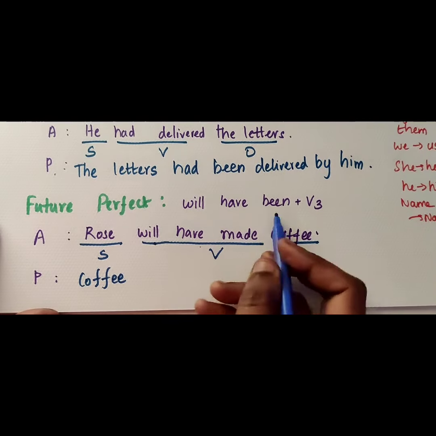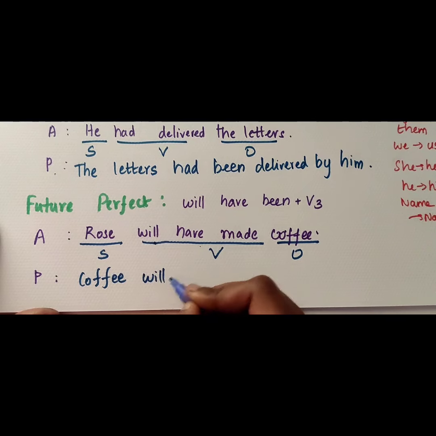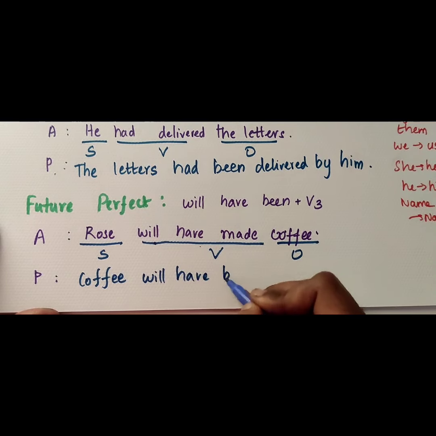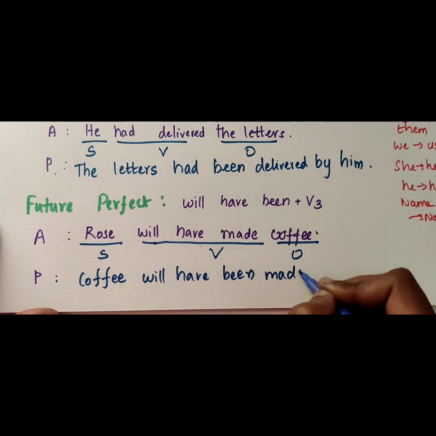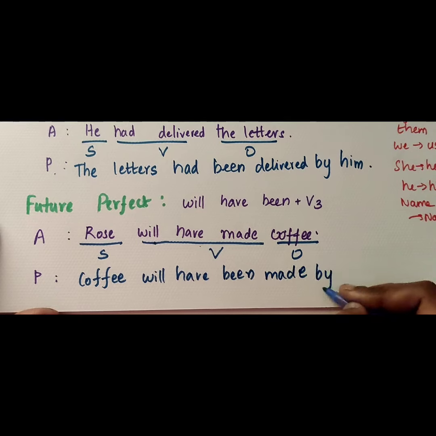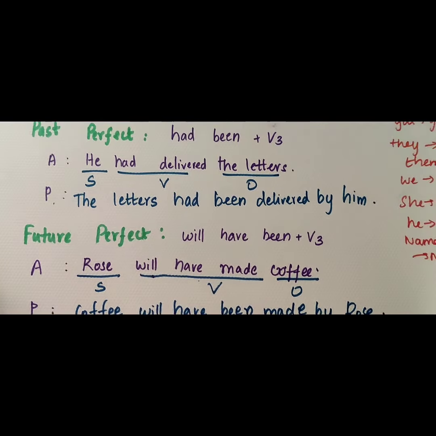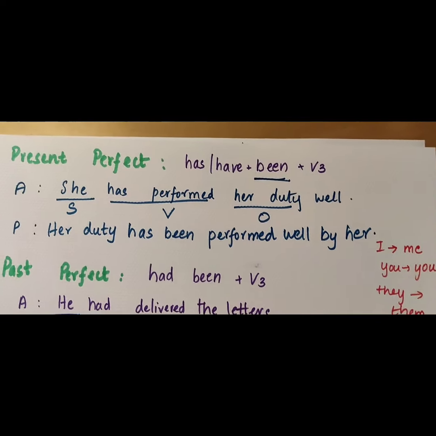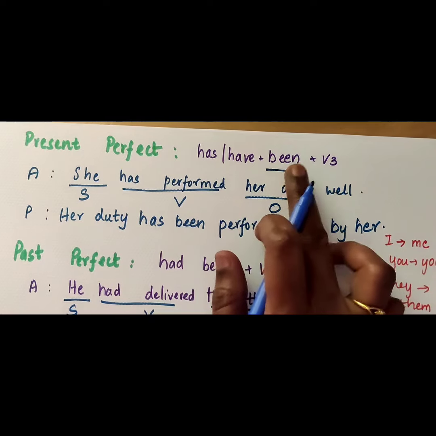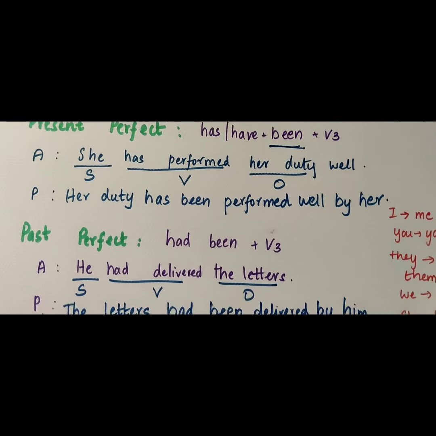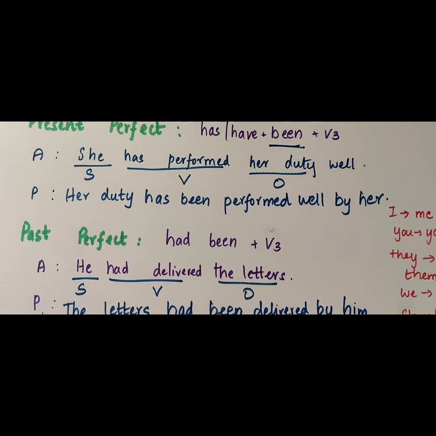Coffee will have been made; the third form of make is made only. Have been made by. The subject will come as it is, as it is a name, Rose. So what is the key for the perfect tense passive? Been. You have to remember been: has been, had been, will have been.